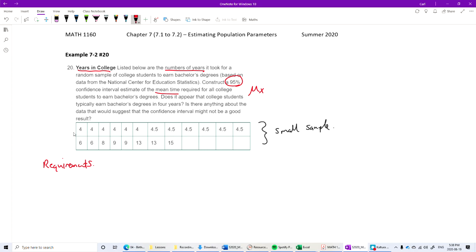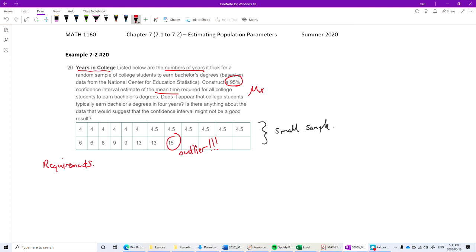So some of these students graduated in 4 years, and these ones are 4.5. But there were a few people who took 15 years. That would be definitely an outlier, right? That's a long time to get your bachelor's degree. Does it appear that college students typically earn bachelor's degrees in 4 years? Is there anything about the data that would suggest that the confidence interval might not be a good result?